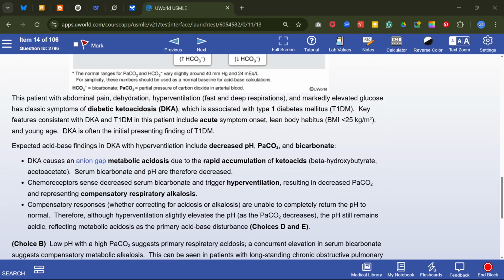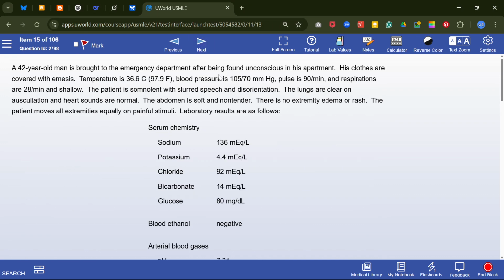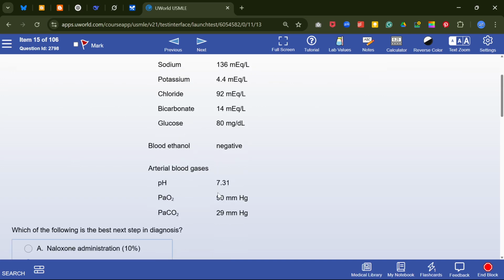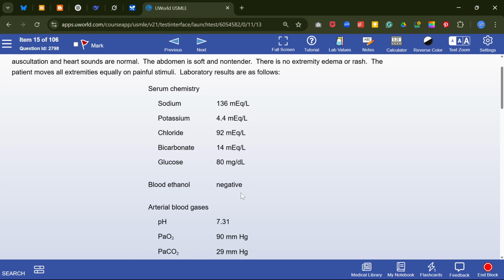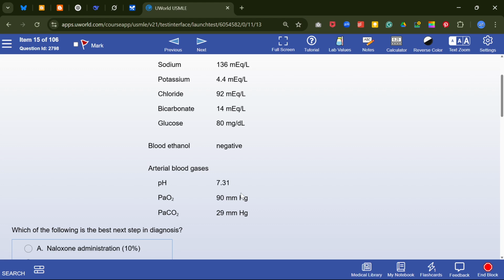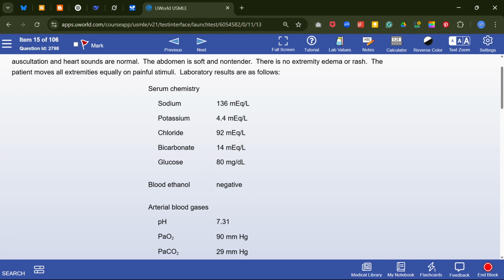Okay, now next question. Look here, ABG 7.31, pH is low, PCO2 is low, and bicarbonate is low. So it looks like metabolic acidosis.